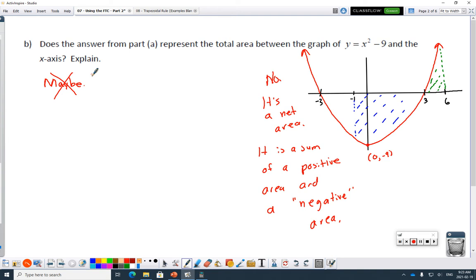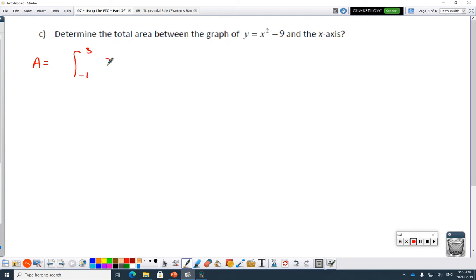Just that part. Talk about that integral of x squared minus 9 dx. And I'm not going to put a plus or a minus here for a second, because I really want to talk about what the heck is going on here. And then I'm going to do the integral from 3 to 6 of x squared minus 9 dx.